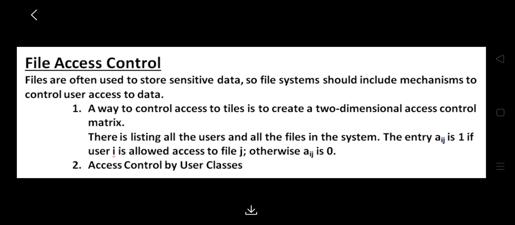Files are often used to store sensitive data such as credit card numbers, passwords, security numbers, etc. So the file system should include some mechanism to control user access to data. One file access technique is to create a two-dimensional access control matrix. Let me show you.